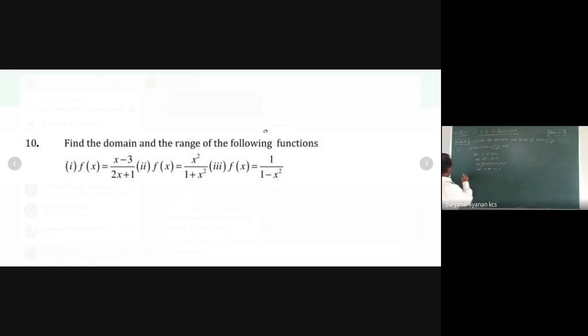Therefore, the domain of f: x takes any real number except these two values. If x takes any one of these two values, it is not a real number. That is why this is the domain of f: set of all real numbers minus the set minus 1, 1. Understood this point, my children?